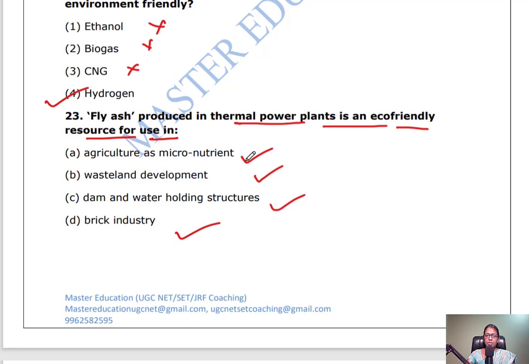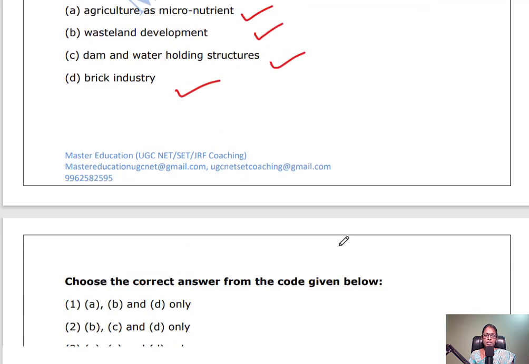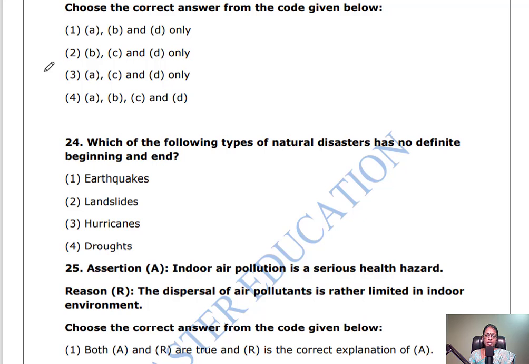So in all these places fly ash is used. This is an eco-friendly resource. So option A, B, C, D is the answer.